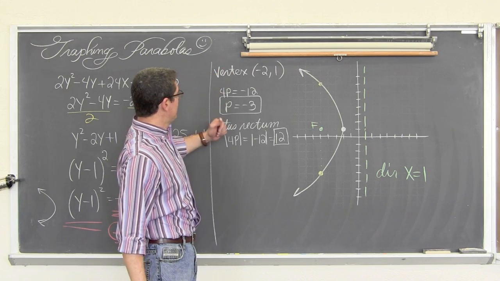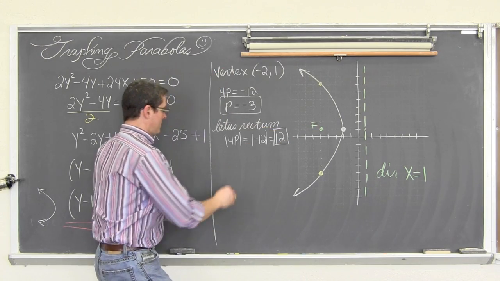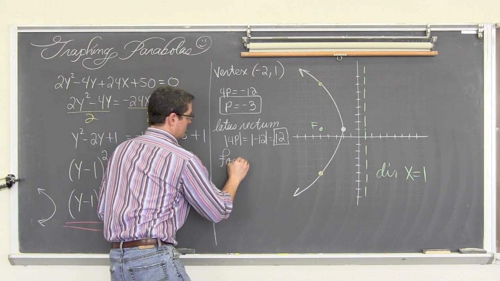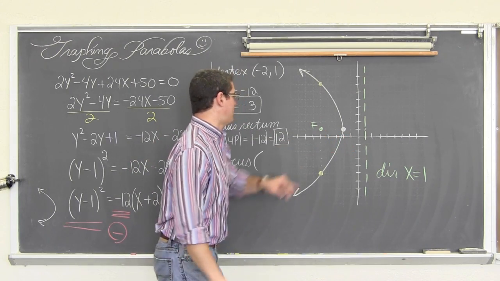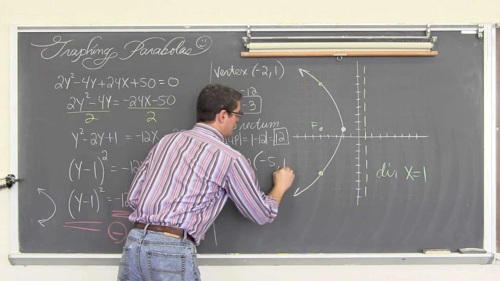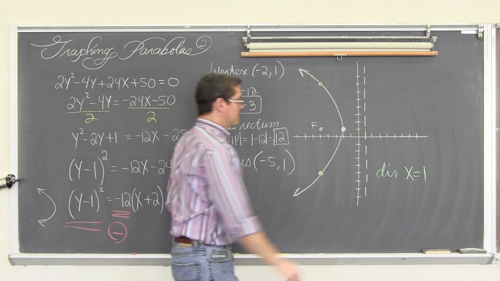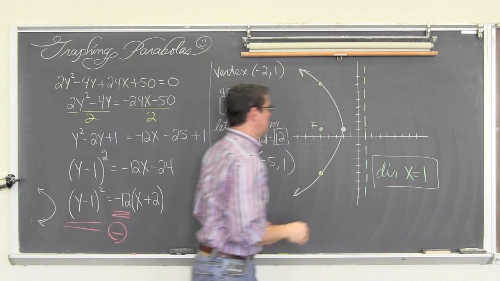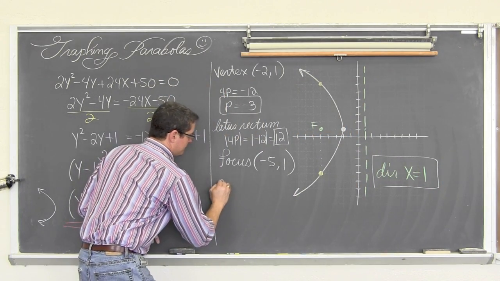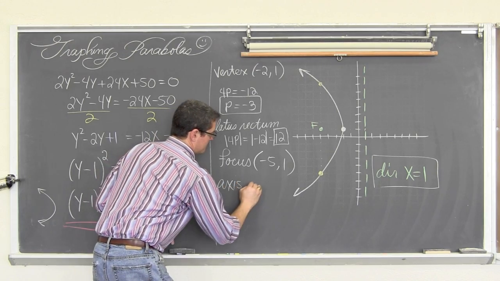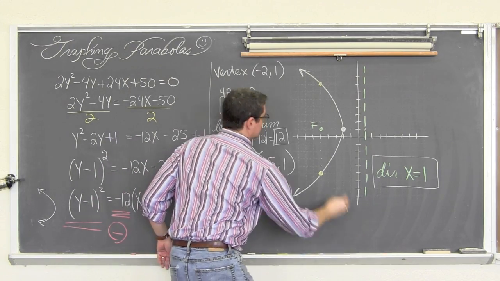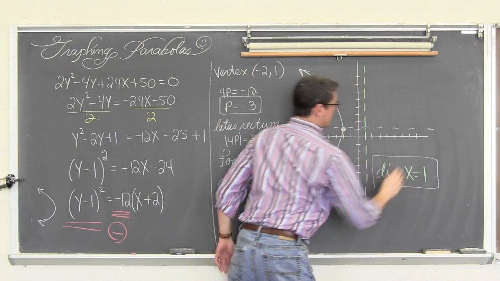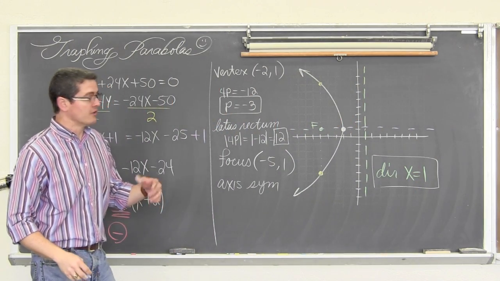Let's see here, vertex, latus rectum, my focus point is 1, 2, 3, 4, negative 5, 1. My directrix is x equals 1. My symmetry line is a horizontal axis, right? going through the focus and the vertex.